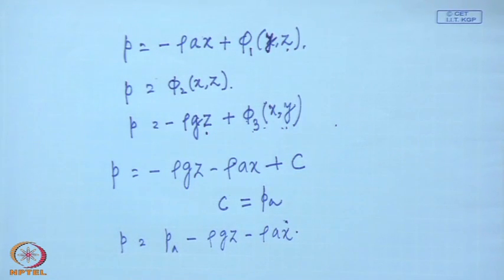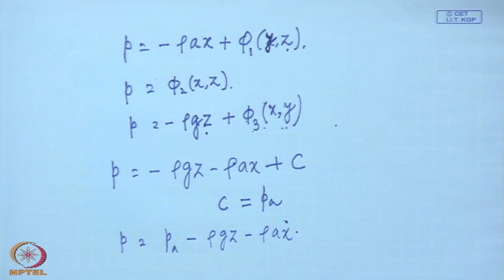And again you can find the level surface of pressure, you will see that it is the same thing. The level surface of pressure coincides with the level surface of psi.